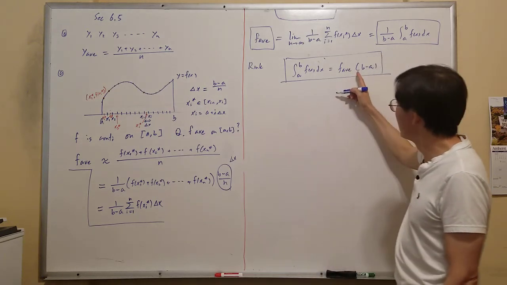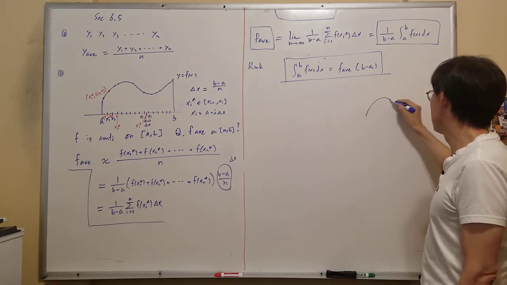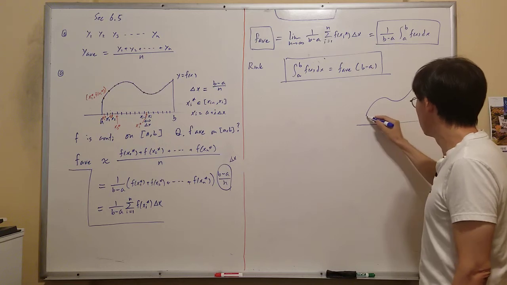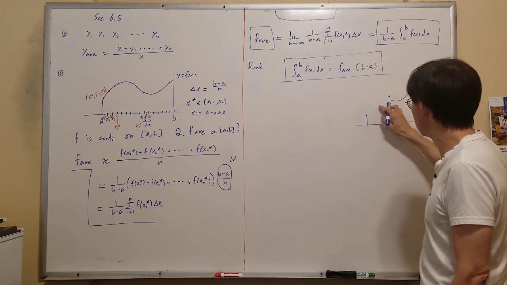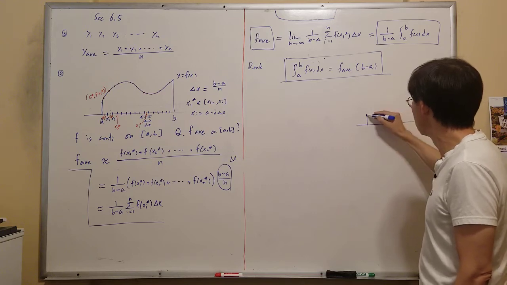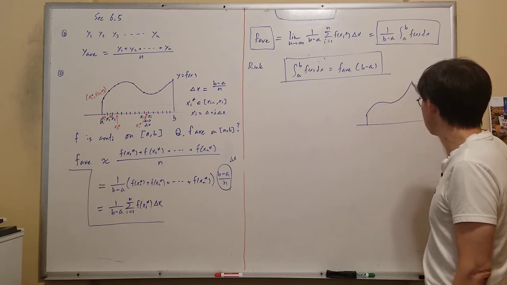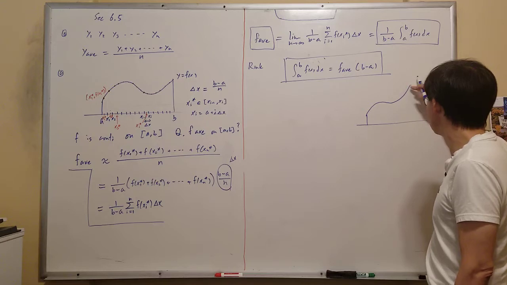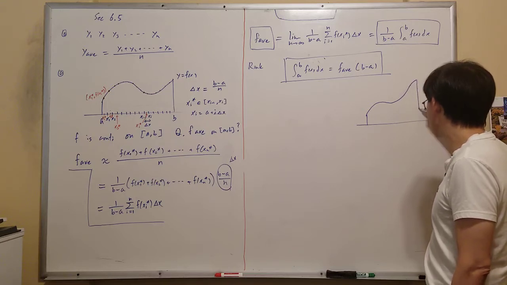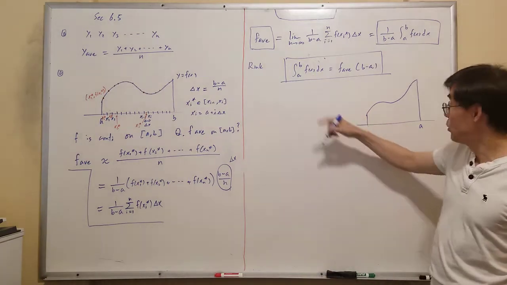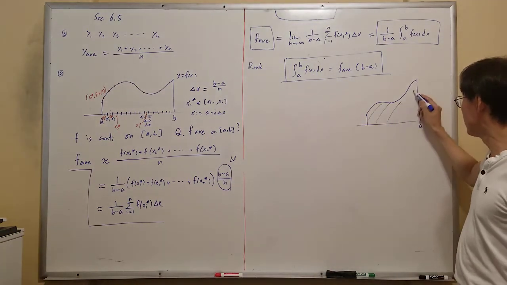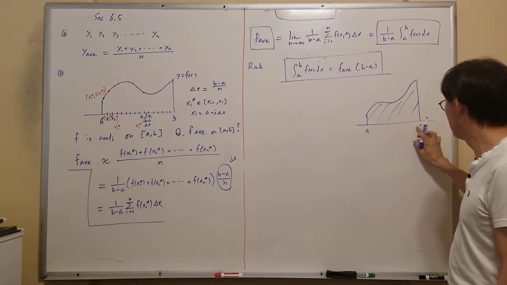So, if your graph is something like this, this is the area of the region under the graph from a to b.